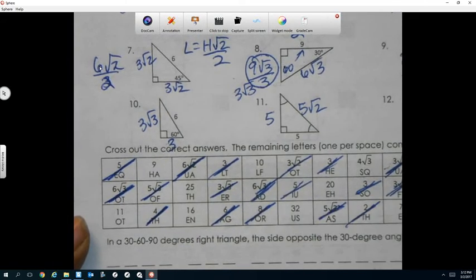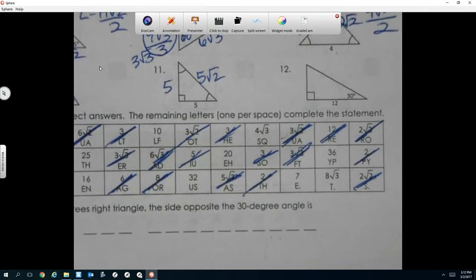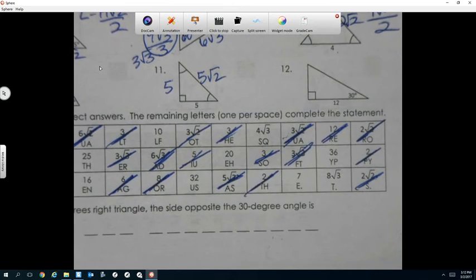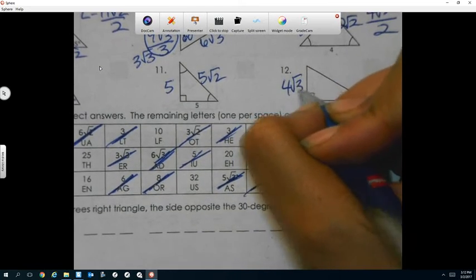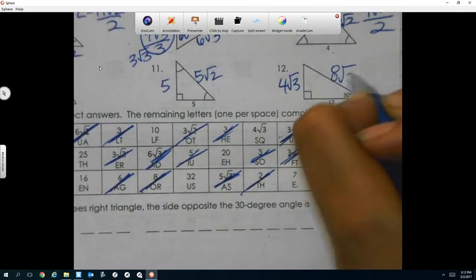And then the last one. What's the short leg? Yeah, it's 4 square root of 3. And then the hypotenuse would be 8 square root of 3.